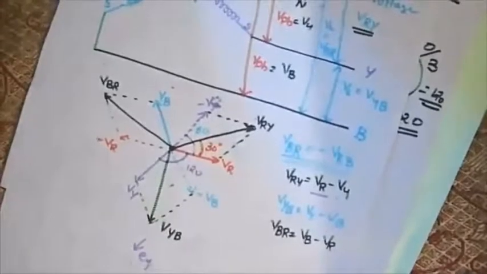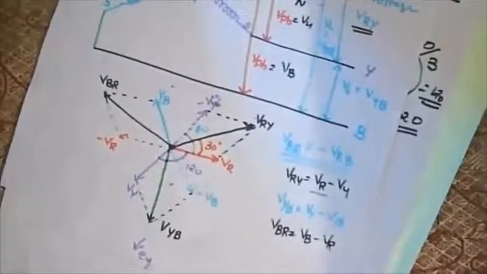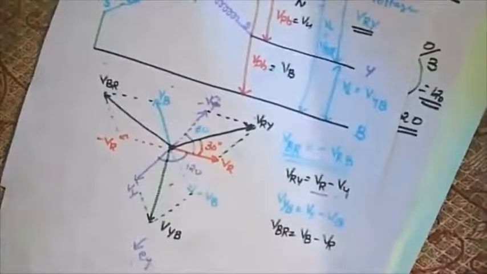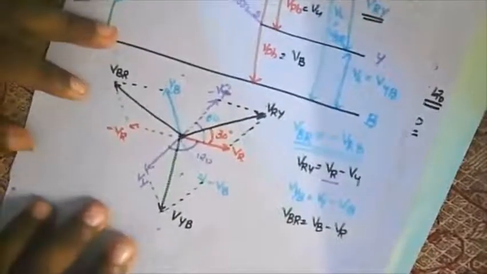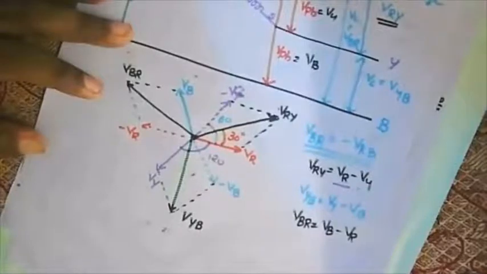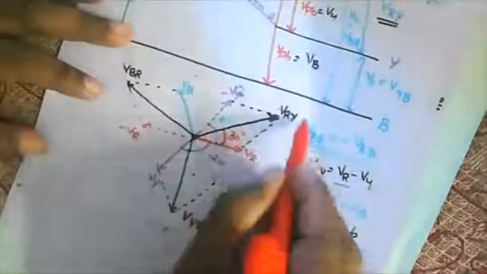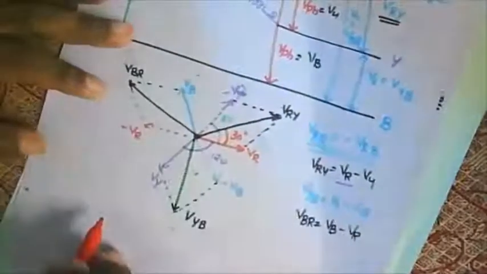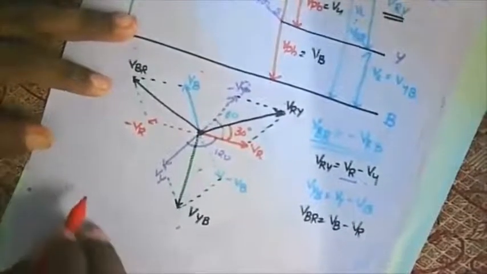Now, since I took it in a vectorial way, I can write the vector equations. So observe for this part, VRY. What will be VRY?